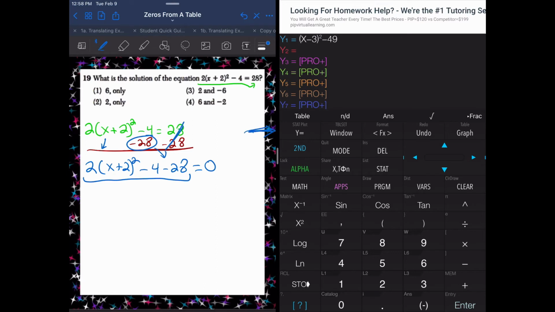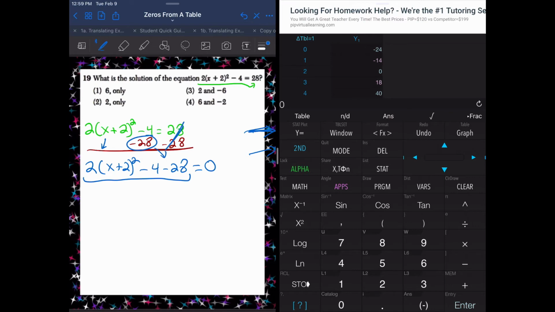So hit y equals, clear out what you have, type this in exactly how you see it. Just like that. Any arithmetic or math, the calculator does it for you. And how do I get to the table? Which two buttons? Yes, I hit second graph or second table.